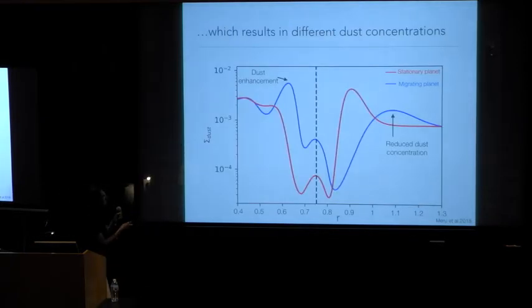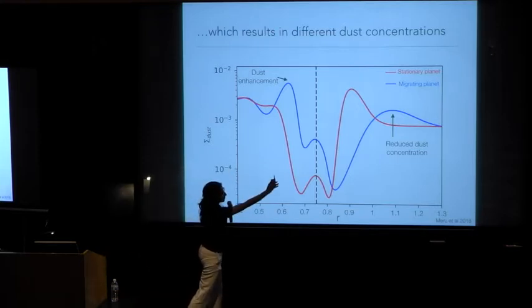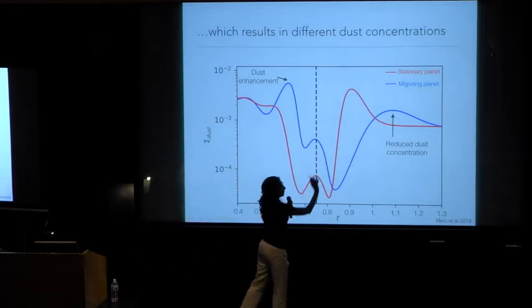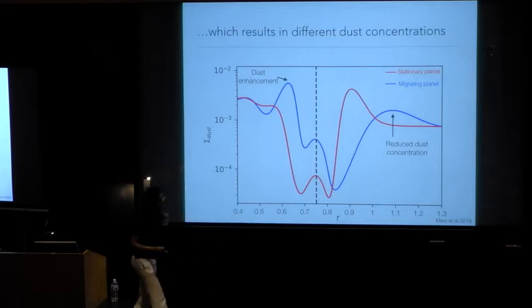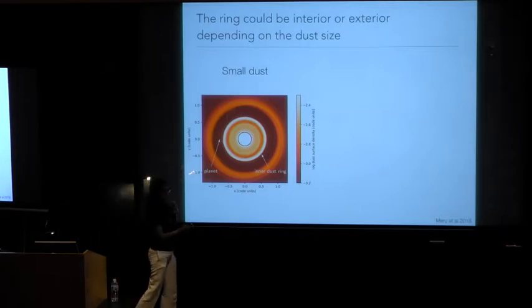Okay, so I showed here that you have a dust enhancement in the inner part, and a reduced concentration in the outer part. This is the blue line I'm referring to. But this is just for one particular particle size. What we can do is now look at what happens for different particle sizes. For the small dust, what we found was something quite surprising.